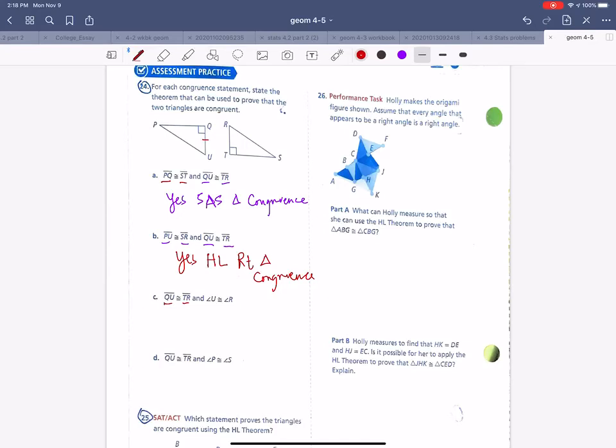QUTR, QU length matches TR. Angle U matches angle R. So this spells angle, side, angle, angle, side, angle. So we're going to say yes because of angle, side, angle, triangle congruence.